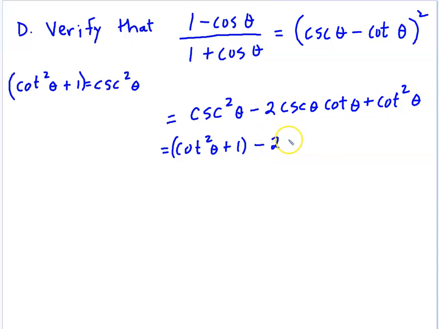I'll just go ahead and bring this down, and then we'll look at some other things that we can do in just a second. Here we are again with cotangent squared. So all right, let's see. Let's think about both of these cotangents as cosine over sine.